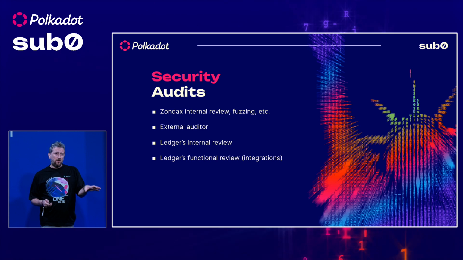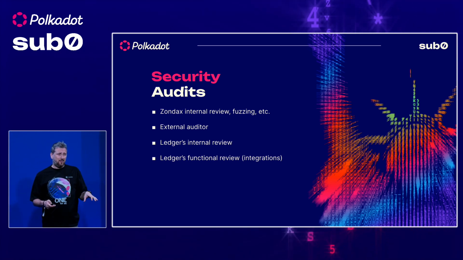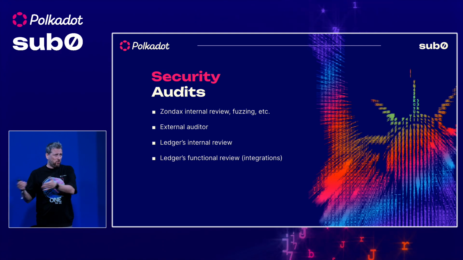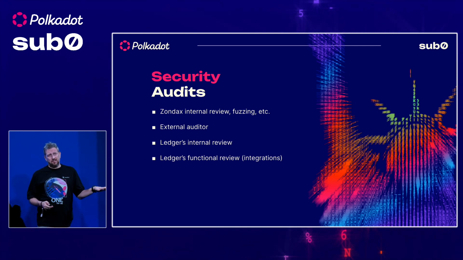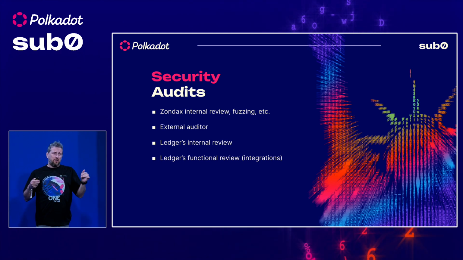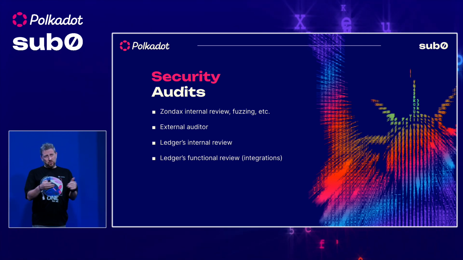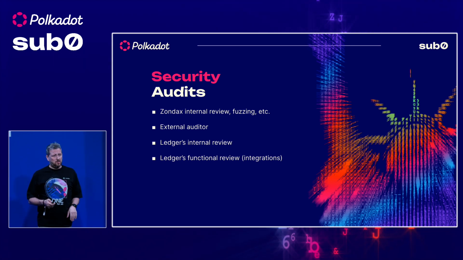After that, there is an audit with an external auditor. That's our normal process, and we go to a few recognized external auditors. And later there is the Ledger internal review and Ledger functional review, where it's not only checked that the security is fine, but also that the user experience is compliant with their practices.